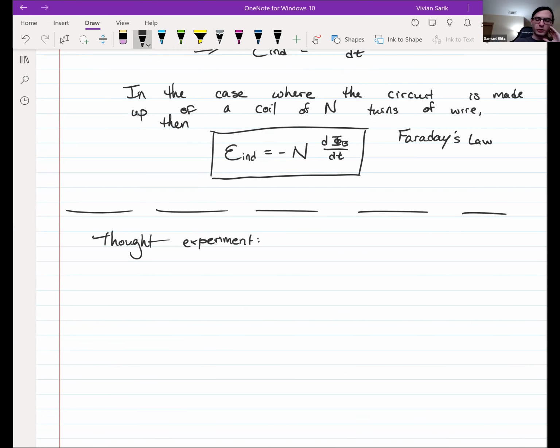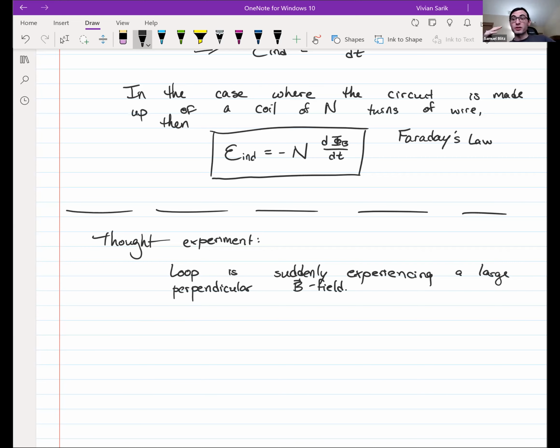So the loop is suddenly experiencing a large perpendicular magnetic field. What was experiencing no perpendicular magnetic field is now experiencing a lot.